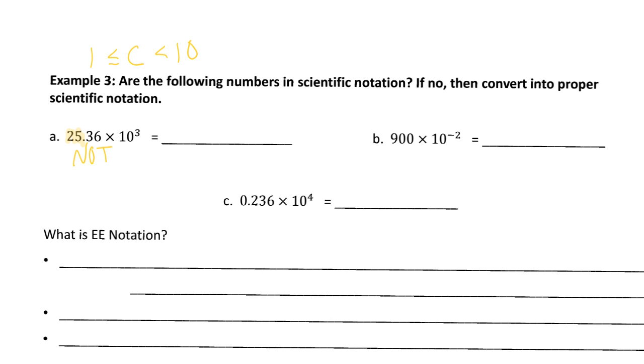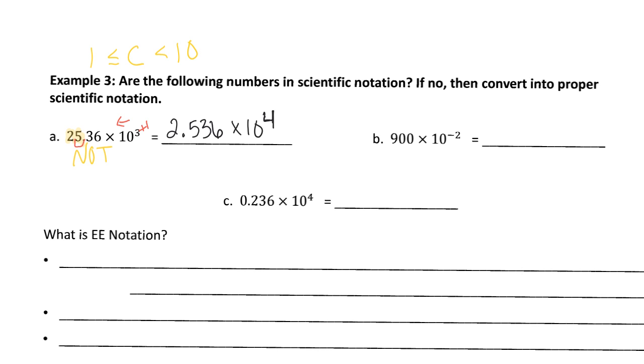Just kidding, sorry, we move it to the left. And since we're moving it to the left, we have to add 1 here. So that means that our answer is 2.536 times 10 to the 4th.